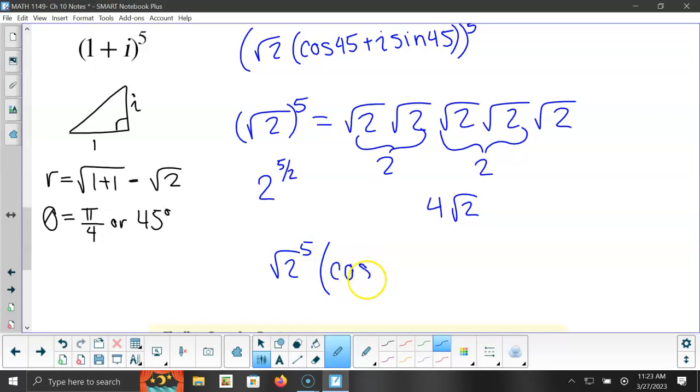Now I've got cosine, and then it's 5 times 45. So 2 makes 90, another 2 makes 180, plus a 45, 225. Did I math that right? Okay.